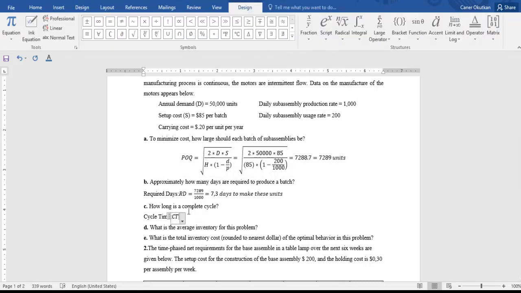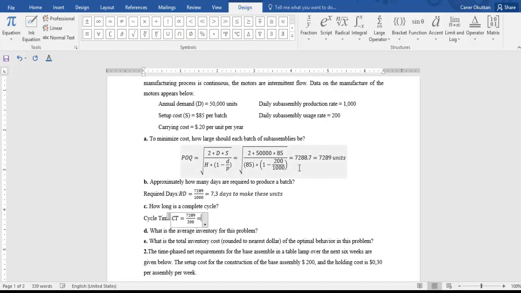Cycle time equals, again we use the batch quantity divided by the usage rate. To find cycle time we have to use the usage rate, and it equals 36 days.